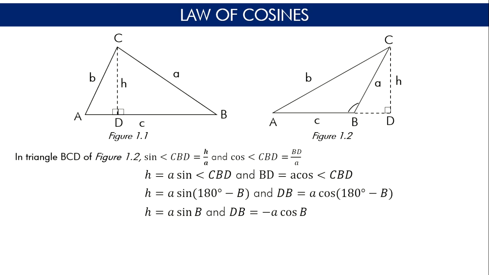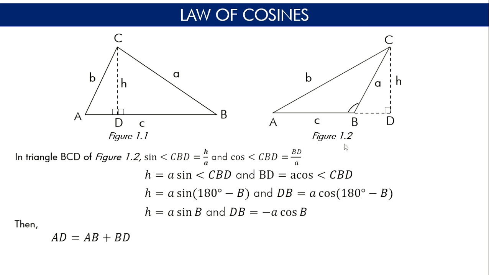Now, from the previous slide, we identified in right triangle ACD that b squared is equal to h squared plus AD squared. So from that, let's try to obtain the value of AD.